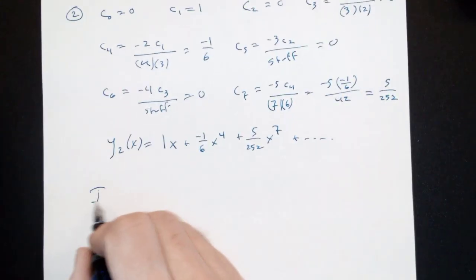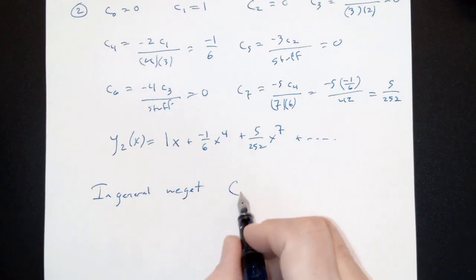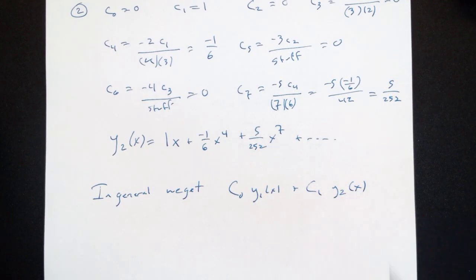In general, we get C0 Y1 of x plus C1 Y2 of x, because C0 and C1 are free choices. I just picked 0, 1 to make my life easier. Questions?